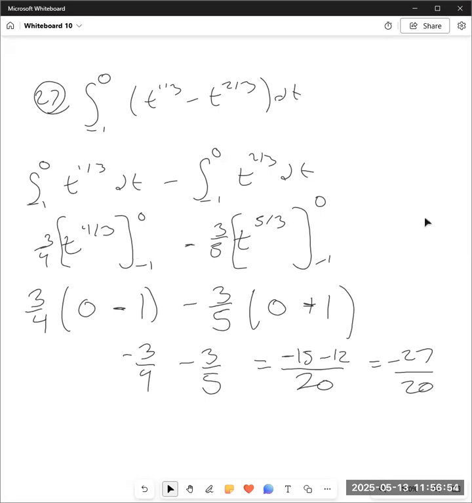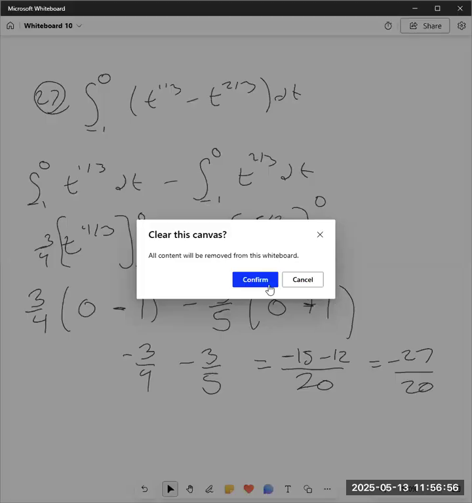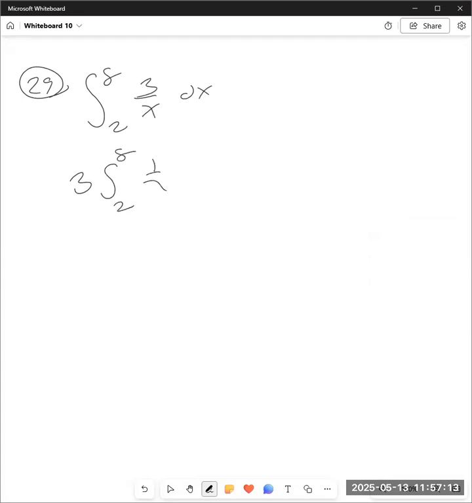So now at number 29. The integral from 2 to 8 of 3 over x dx. So that's 3 times the integral from 2 to 8 of 1 over x dx, which is 3 ln of the absolute value of x evaluated from 2 to 8.